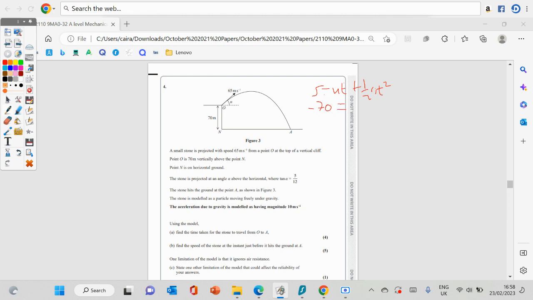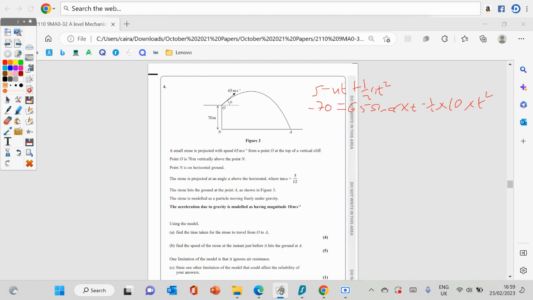So it's going downwards, so it'd be minus 70, has got to be 65 sine alpha times t, just taking the components of the velocity, minus 1/2 times g, which in this case is 10, multiplied by t squared. Sine alpha is 5/13.